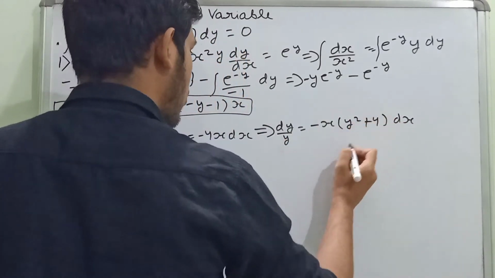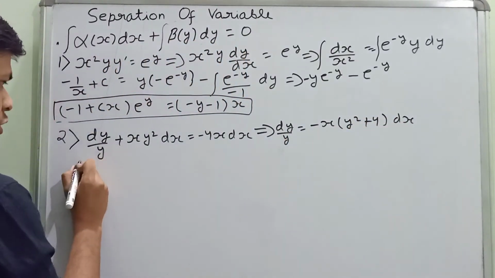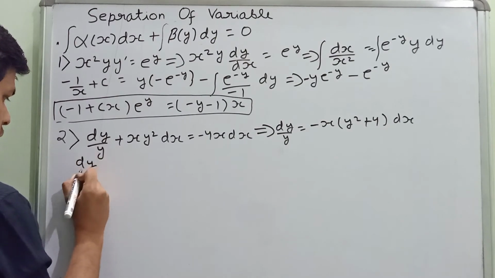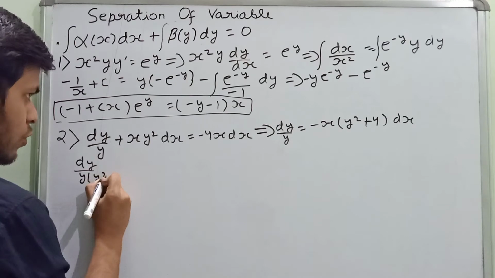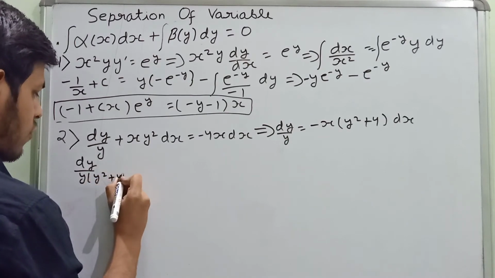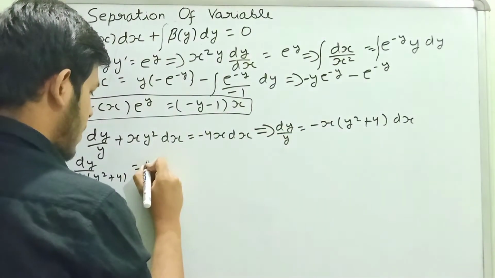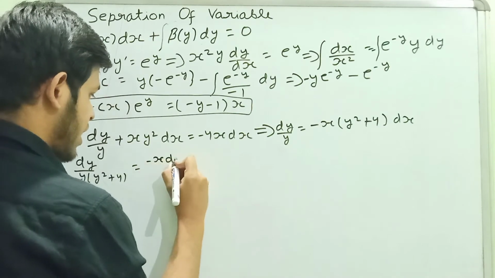So when we move it here, the equation will be dy upon y into y square plus 4, and this will be minus x dx.